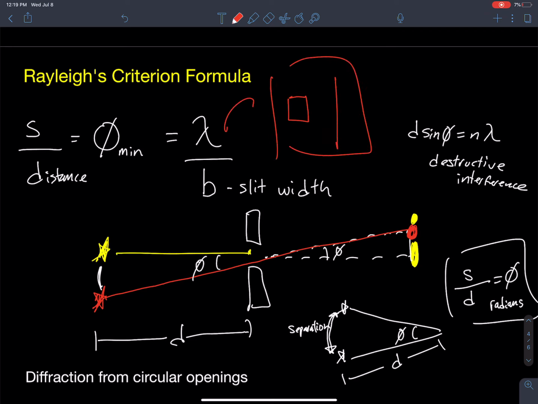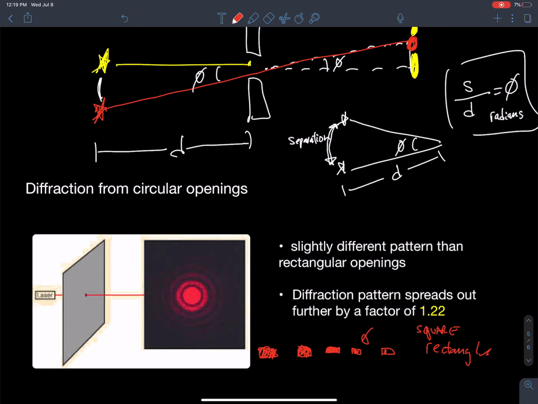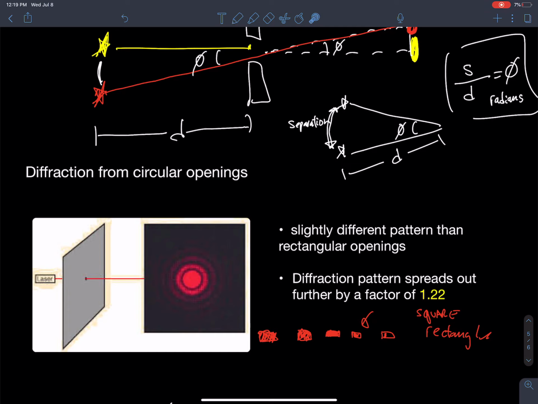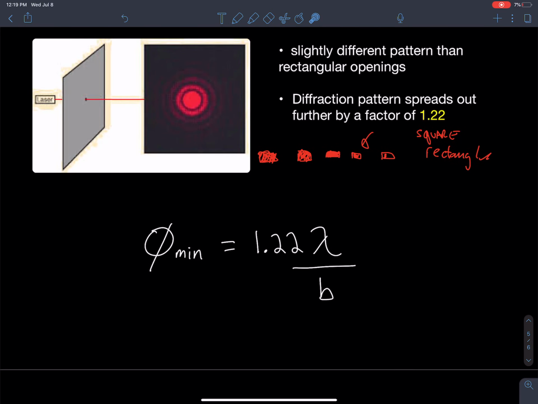That's for regular diffraction if I'm shining light through a square or a slit. But if I'm shining it through a circle, like the pupil of my eye, it makes a circular diffraction pattern on the back of my eye that has 1.22 times the spreading of those maxima. So the actual formula for circular diffraction has a factor of 1.22 in front of it.